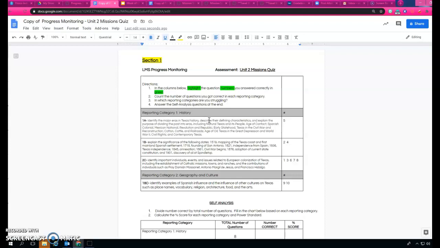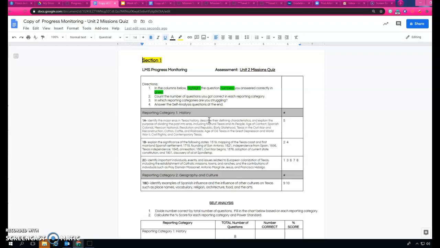If you log into Mastery Connect through the portal and pull up your Unit 2 missions quiz, then you can see the answers that you put and the grade that you received on your quiz, and you're going to need that side by side as you work through this document.